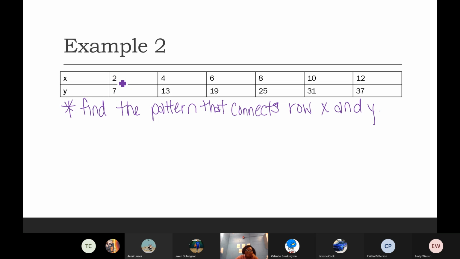What must I have done? Yeah, let's start with this one. What must I have done to see 2 and 7?